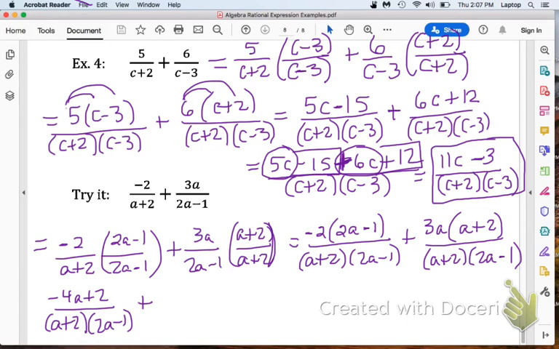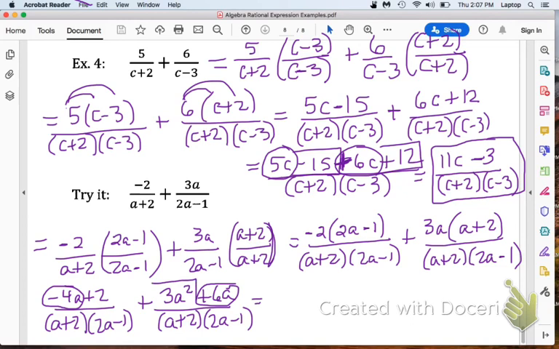Look at this, I've got a new term, 3a squared, and 3a times 2 is 6a, all over (a plus 2)(2a minus 1). Now when I write this as one, and I do my like terms, I've got this negative 4a and this positive 6a.